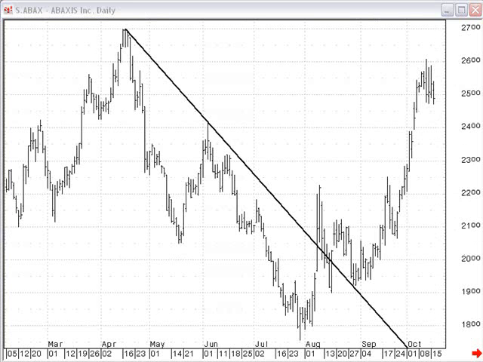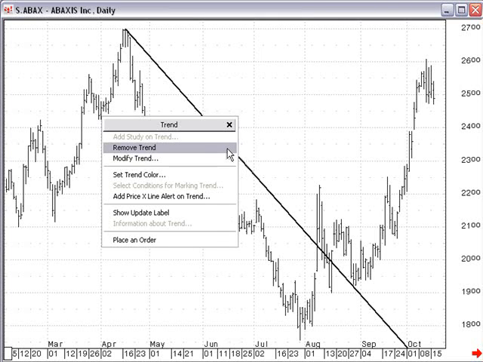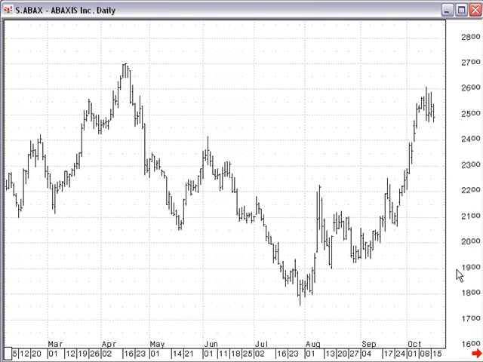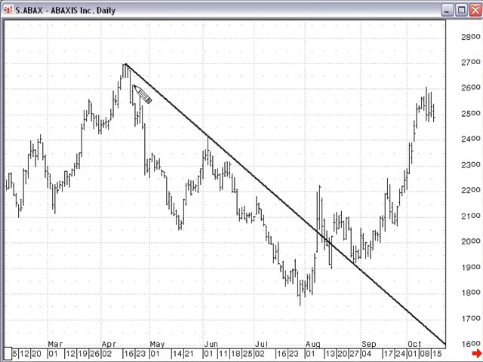Let me show you another example. And this is going to be a dual trend line trade setup. Here's my two extremes, here and here. Prices trade through the line. The low of the bar is above the trend line, so I believe in this instance that I have a legitimate trend line breakout.